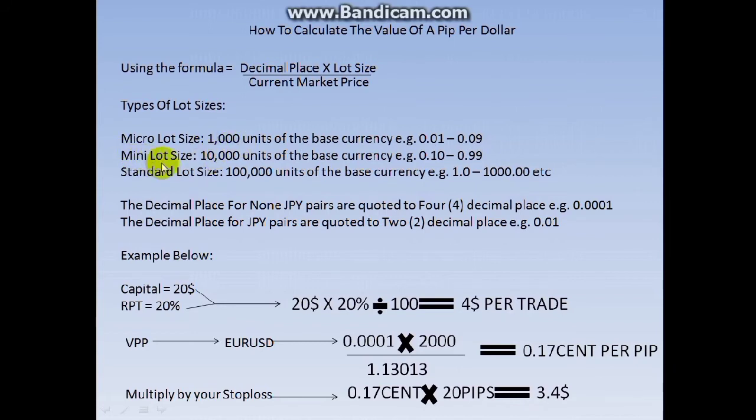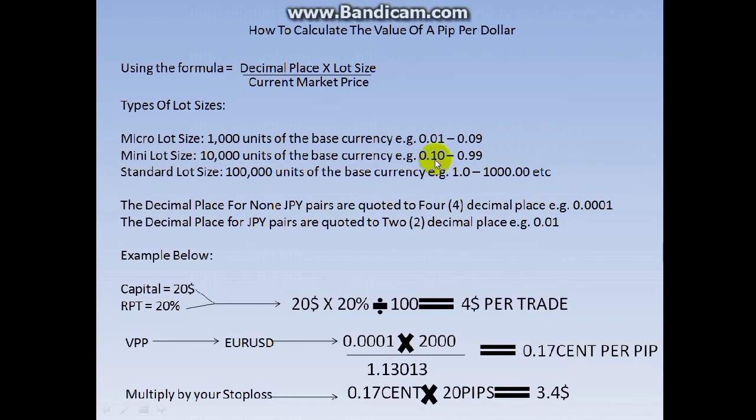Now the mini lot size is 10,000 units of the base currency. Example, when you place an order of 0.10, that is 10,000 units of the base currency you just bought. So between 0.10 to 0.99 is a mini lot size.